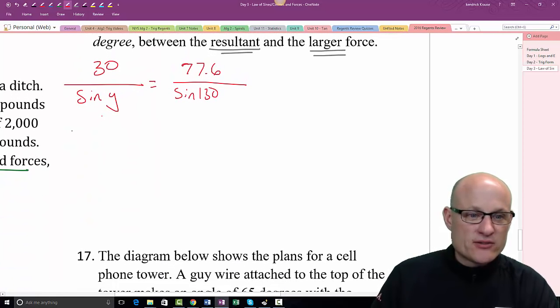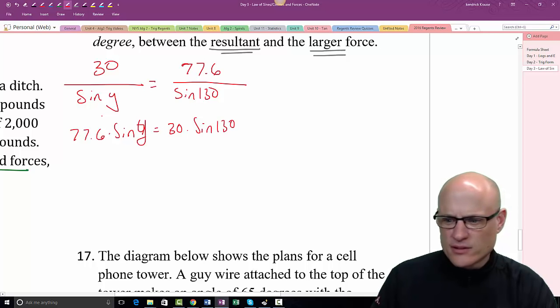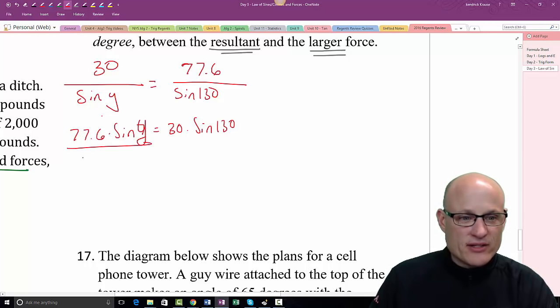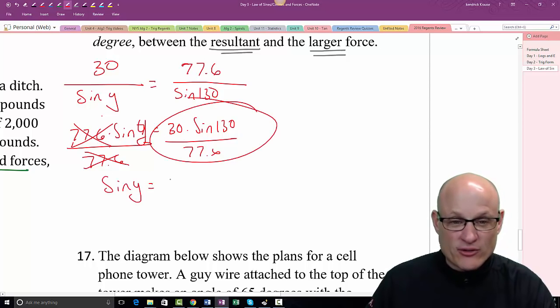So 77.6 times the sine of y is equal to 30 times the sine of 130. You're going to divide by 77.6. So I get the sine of y equals whatever this turns out to be.